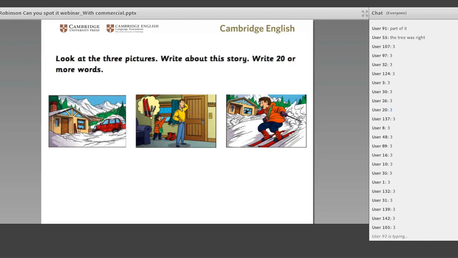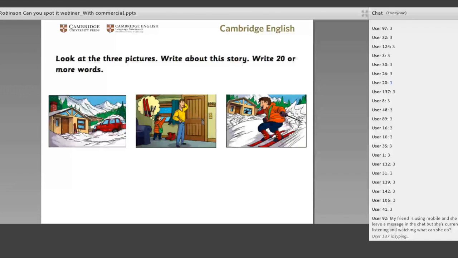So let's look at some sample pictures for this task. Okay, so we've got 3 pictures in this case, and they show a story. And students are asked to write 20 or more words for the story.